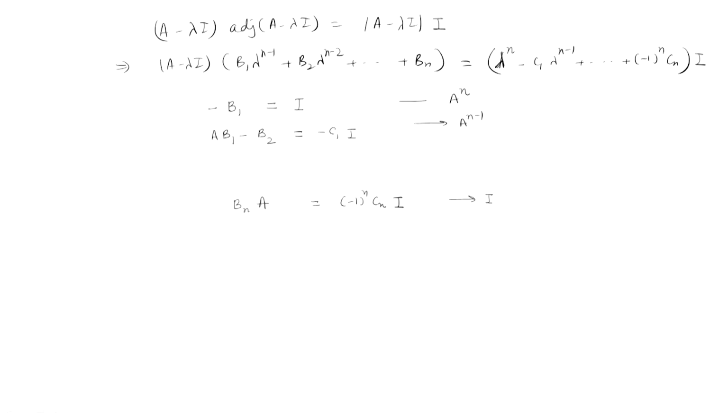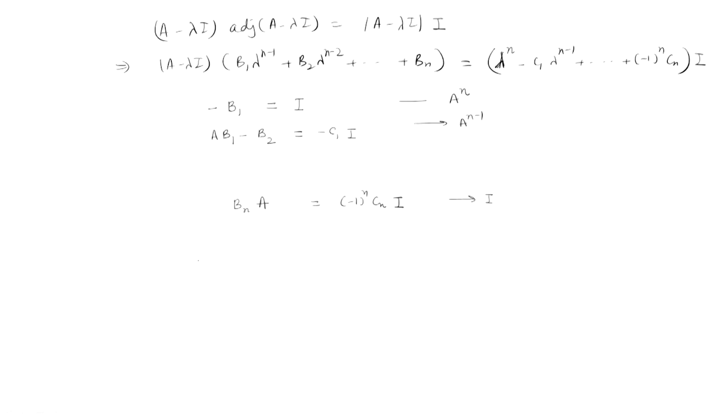So, these two will cancel out. Similarly, when you multiply B2 with this element, this will be minus A raised to power n minus 1 into B2, which will be cancelled from the term in the next expression, and similarly the last expression will be cancelled from the second last one. Okay.